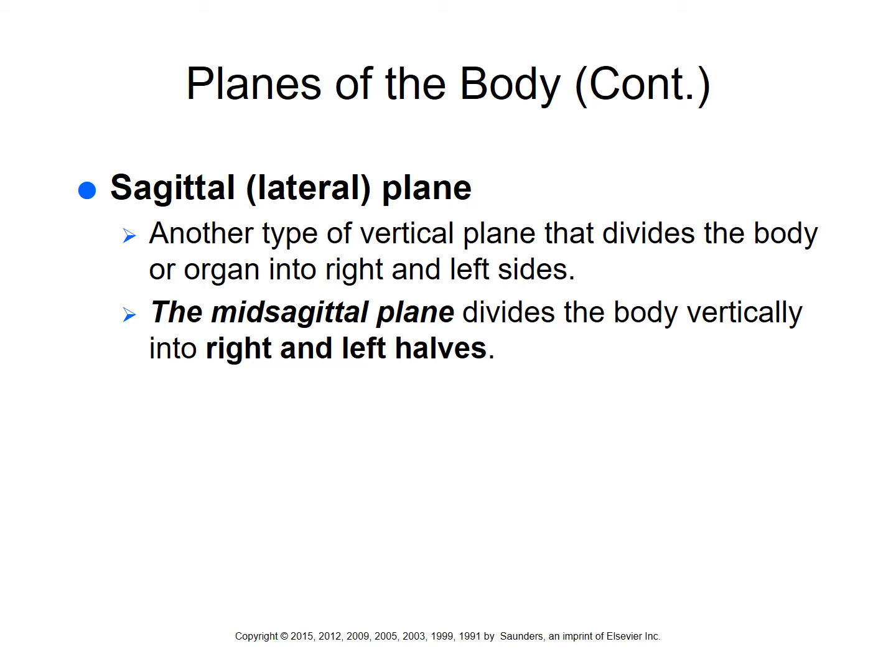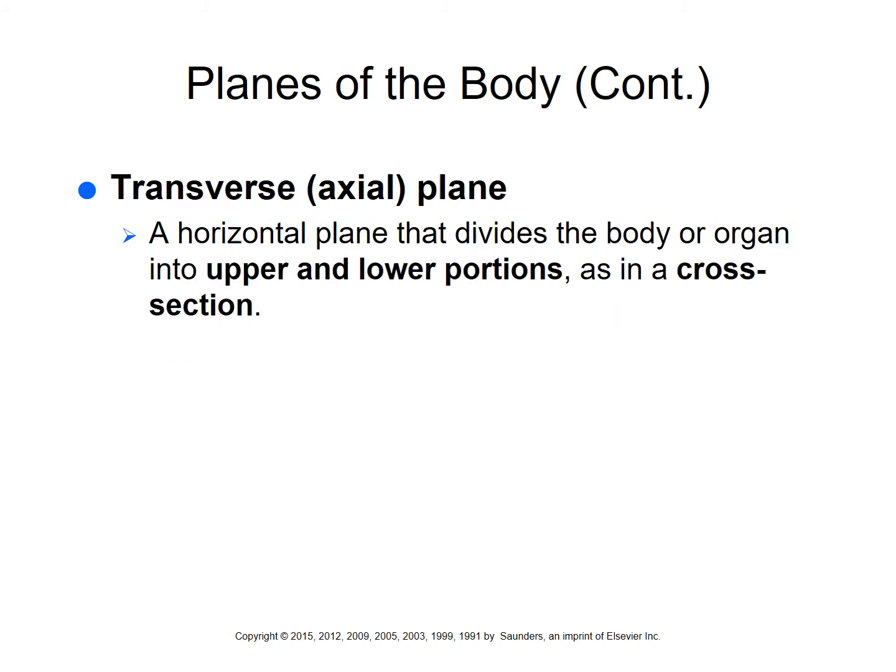So just like you can have an equal front and back, meaning anterior and posterior, being cut through the body by a mid-coronal plane, you can have a mid-sagittal plane, which is going to cut the body into equal right and left halves. But you can have a sagittal plane anywhere on the body, cutting the body into right and left sections.